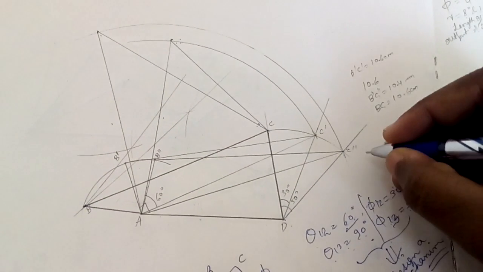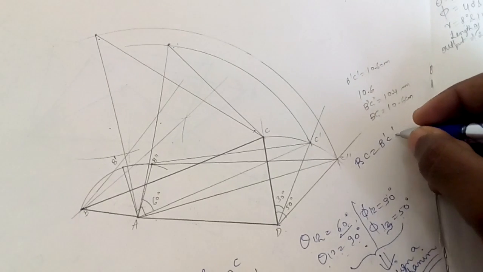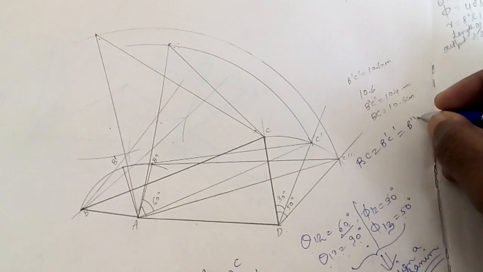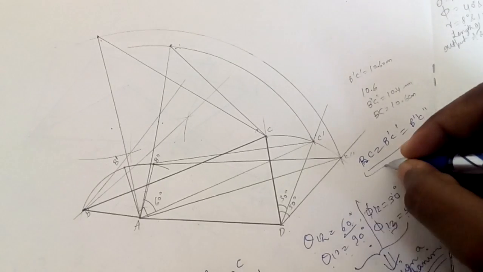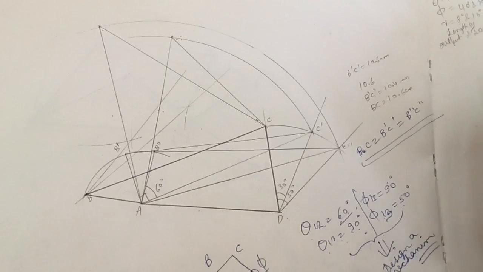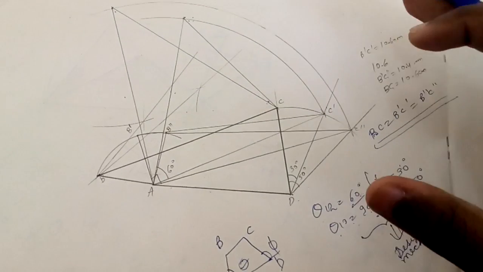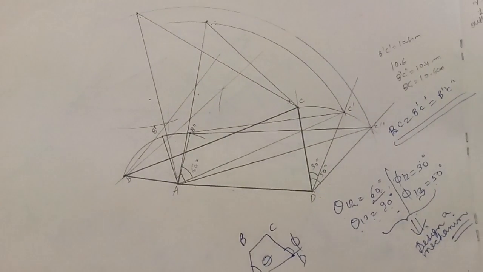That means BC should be equal to B dash C dash and B double dash C double dash, and then only your mechanism is verified and correct. This is the inversion method to draw a function generation mechanism.